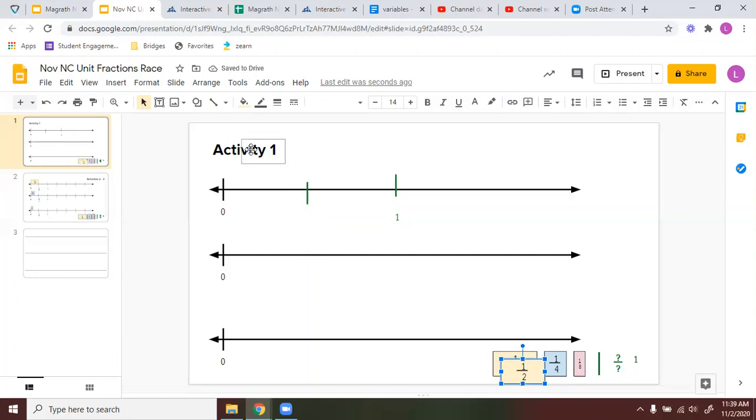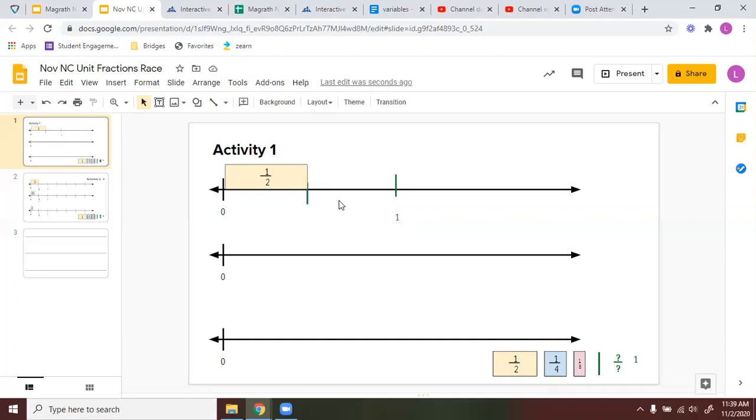There we go. So the distance from here to here is 1/2. And the distance from here to here is another 1/2. But right now we're just going to put that 1/2 on the line because that's all that we rolled for right now.